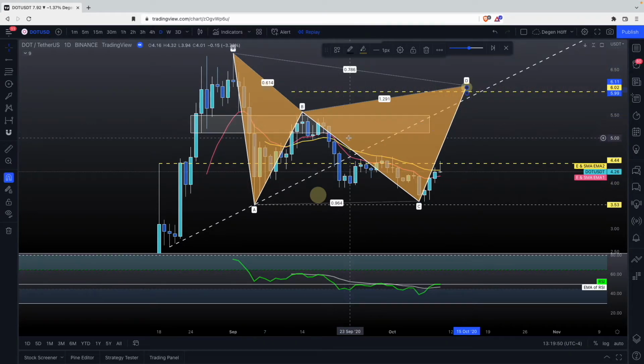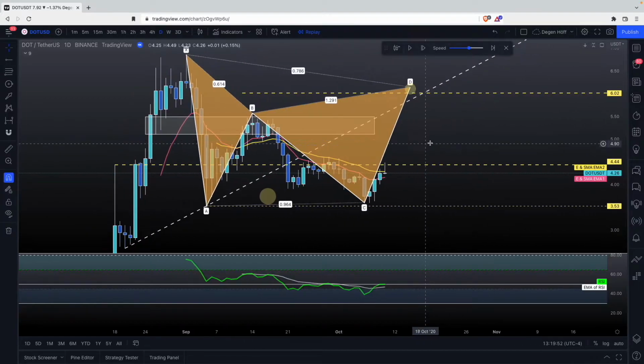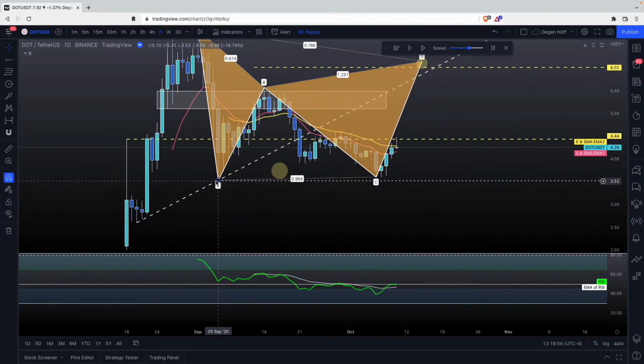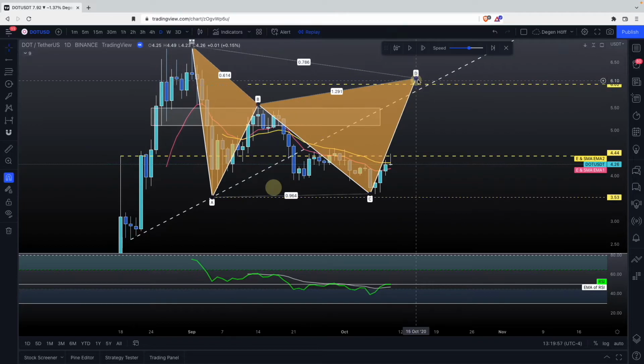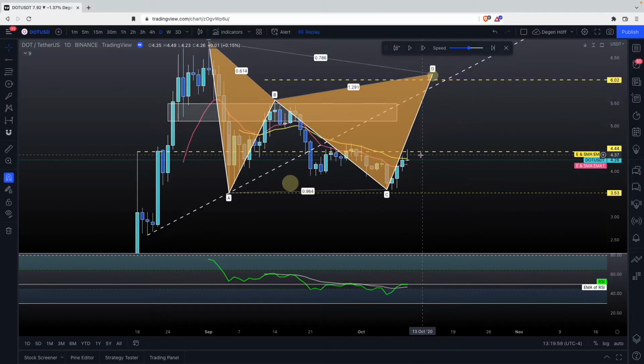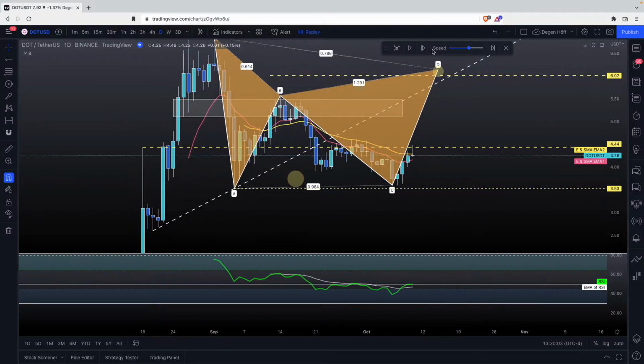So the ascending triangle idea is dead. The only one right now, if it holds the A point here, this is my target, but I need to see it break this level and then backtest and hold.